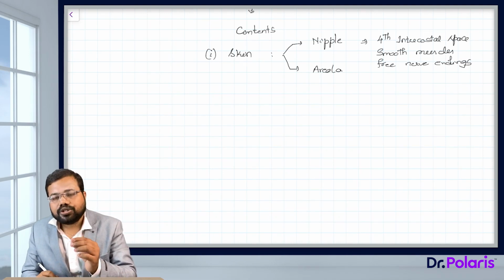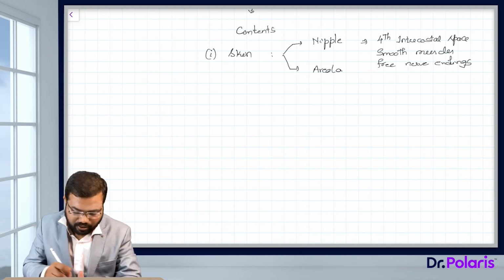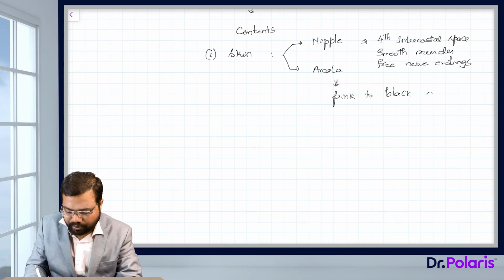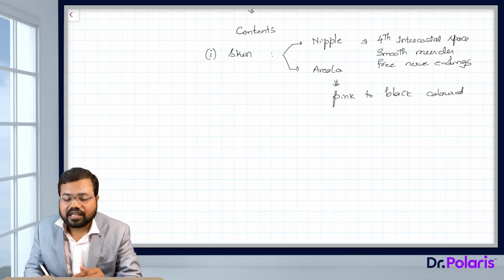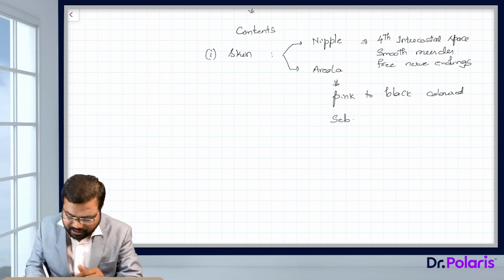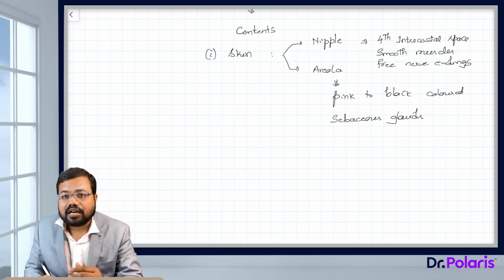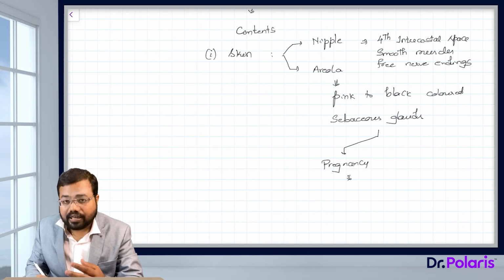Surrounding this projection of the nipple, there is a pink to black colored structure called the areola. Within this areola there are specialized glands called sebaceous glands, and these sebaceous glands are enlarged in pregnancy.